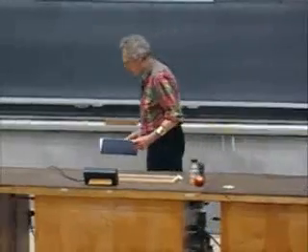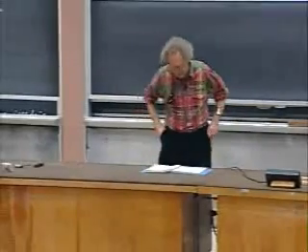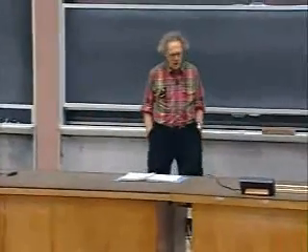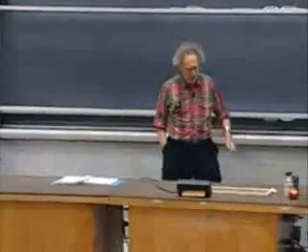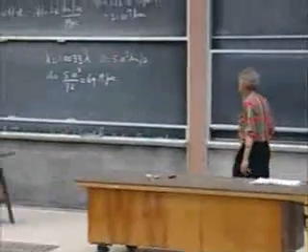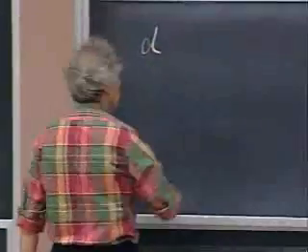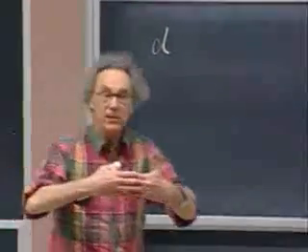Now assume that this explosion is the correct idea. Assume that there was a Big Bang. Then I can ask the question, now when did it occur? I can now turn the clock back, and I can do the following. I can take two objects which are a distance d apart today, but they were together when the universe was born at the Big Bang.